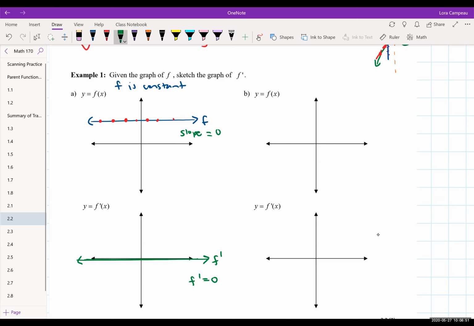So we'll get a little more exciting. Let's suppose we have f being a line with the slope 1.